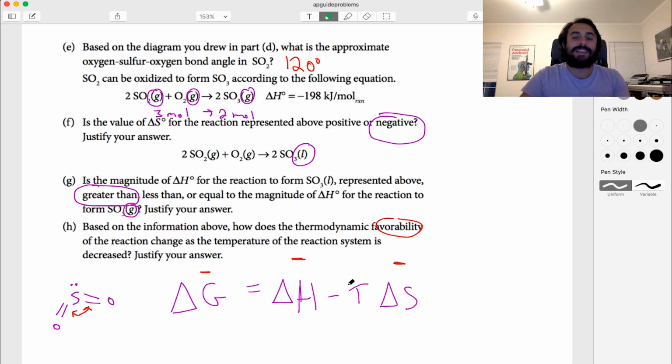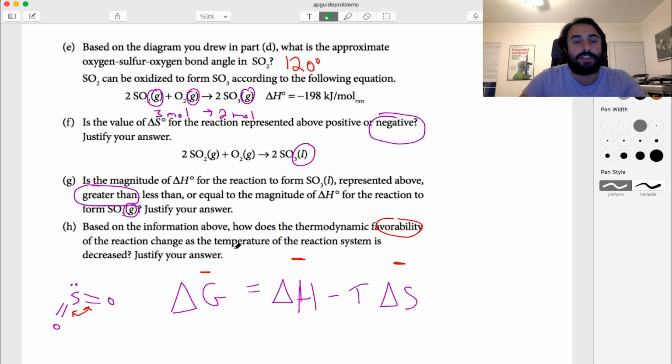So it depends on how big this term is, right? They're both negative, but if this term is very large, then the negative delta H will be canceled out. This whole expression will be positive overall. But if T delta S is a very small term, then that negative delta H will remain negative overall if this is not big enough to turn that positive.